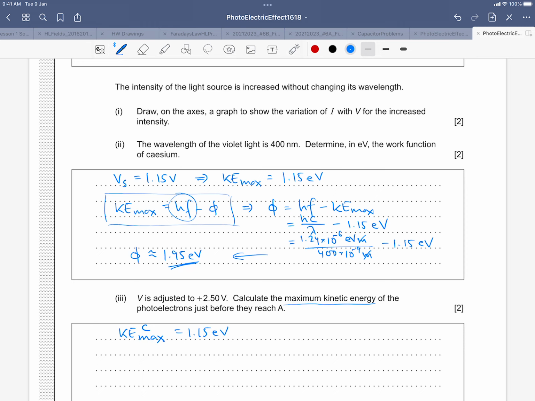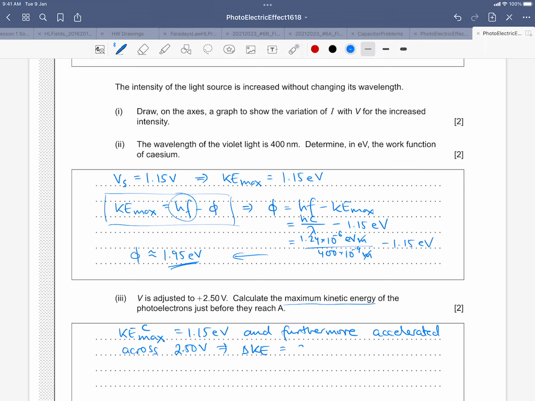But then now the electrons, these fast moving electrons, are then further accelerated across 2.5 volts. So let's write that down. And furthermore, accelerated across 2.5 volts, which gives us a further increase in kinetic energy.